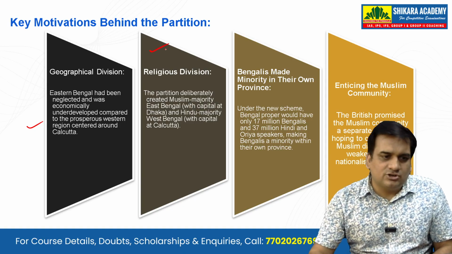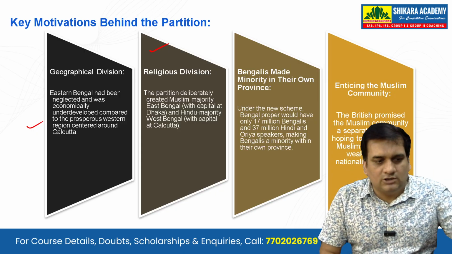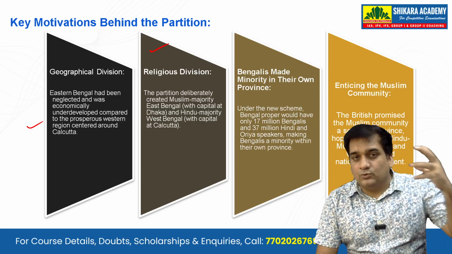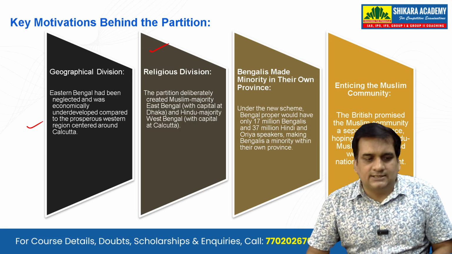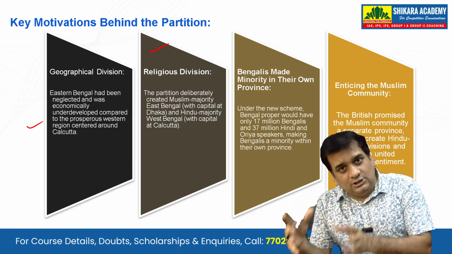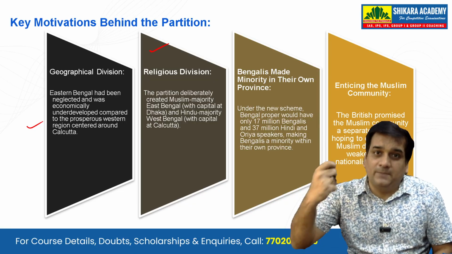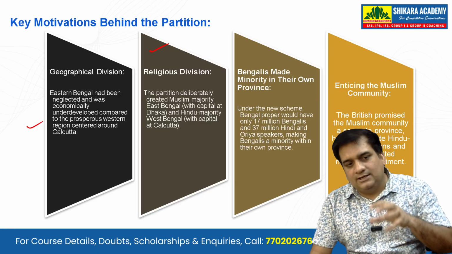But intentionally it was a religious division, because East Bengal, with its capital at Dhaka, was Muslim majority. And West Bengal, or the Bengal of that time, was Hindu majority. And mind you, even in the Hindu majority, the Hindi speaking people were in majority, the Bengali speaking people were in minority.